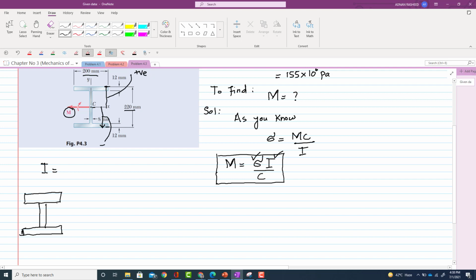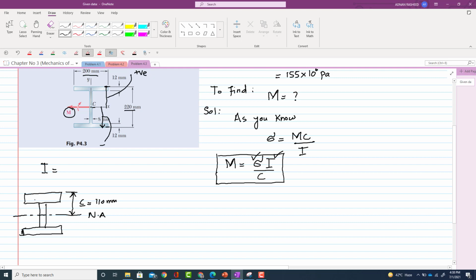Clear? As the total height is 220, its centroid will pass through half of 220. So this is your C, and that is equal to 110 millimeter, because C is the distance from the neutral axis or centroidal axis to the topmost fiber.